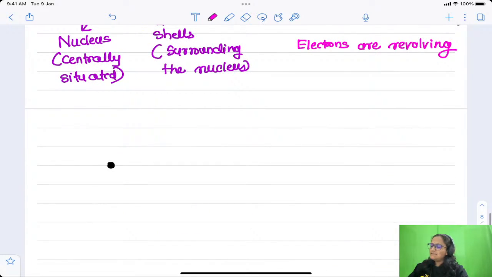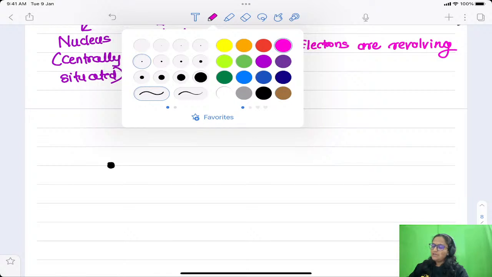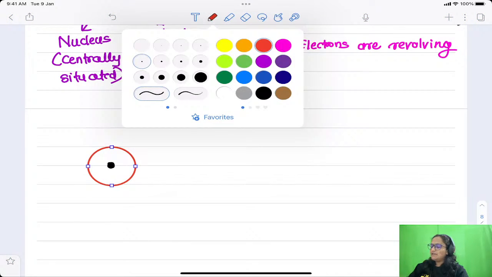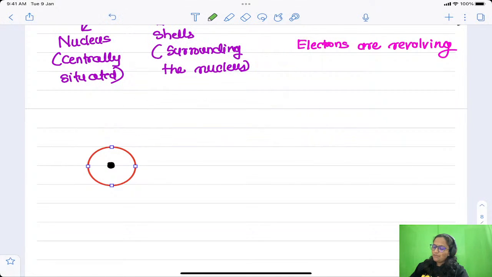Here, as this is a two-dimensional image, I am not able to show the sphere, but I will show the circle. So this is the first circle. The circle is nothing but the shell in which the electrons are revolving.